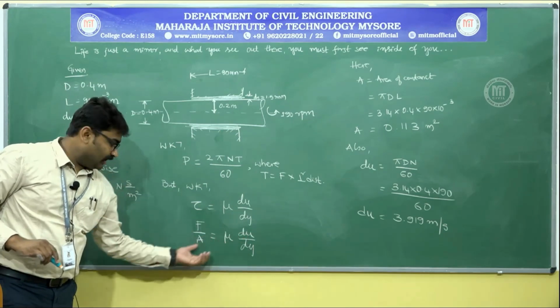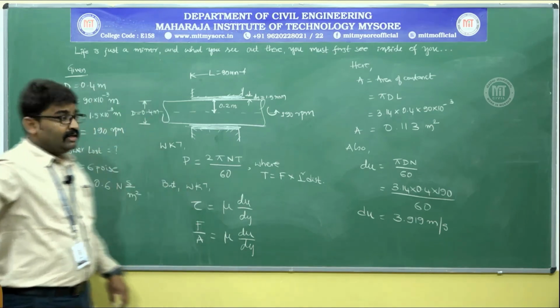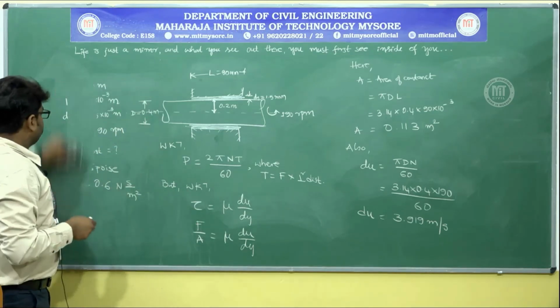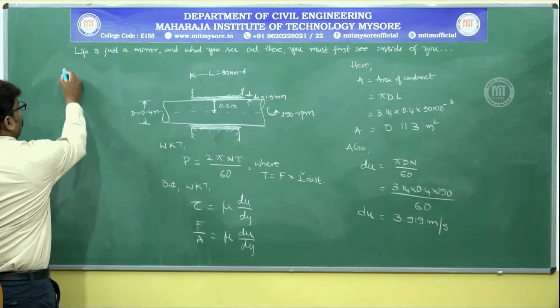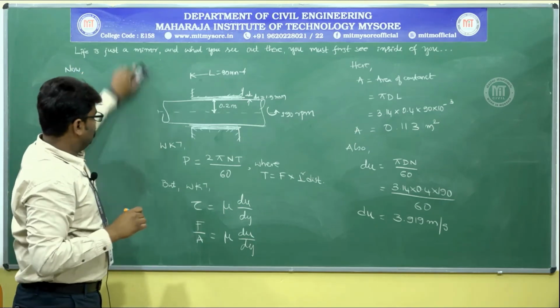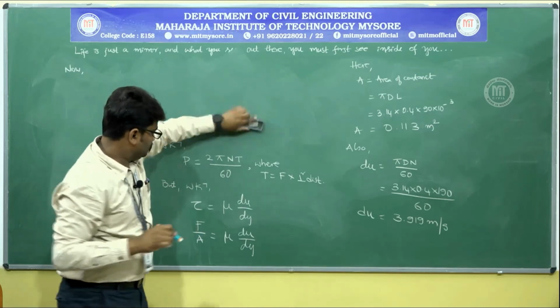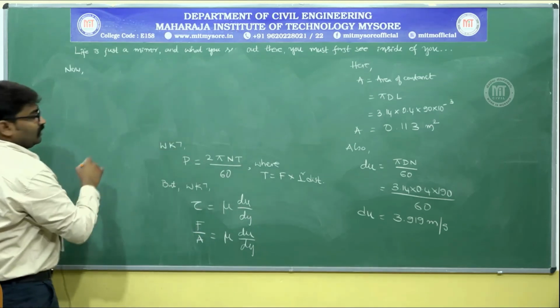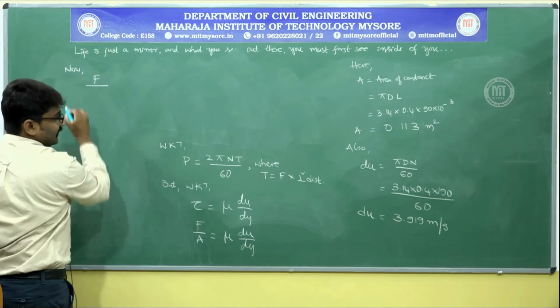Mu and dy are already with you. So you can easily get what is force. I will rub this part. Now I will also take out this figure so that I have more space on the board. Now F by A, F I will retain as it is.